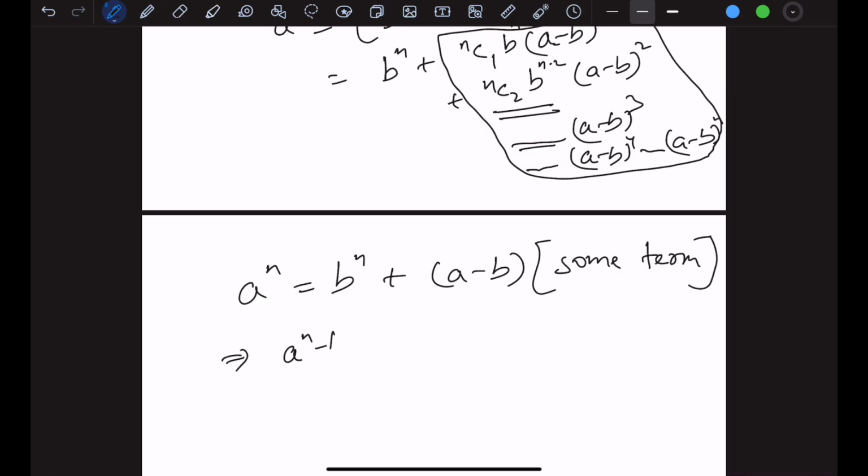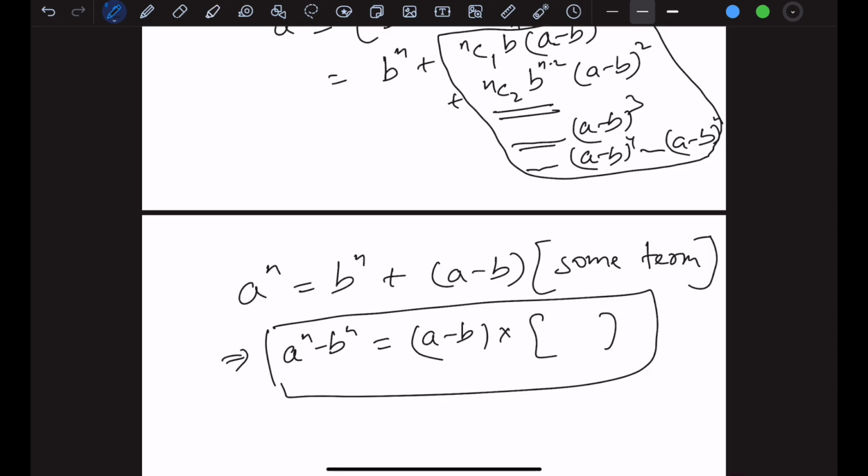Means a to the power n minus b to the power n is equal to a minus b into something. So this proves that a to the power n minus b to the power n is divisible by a minus b. Okay.